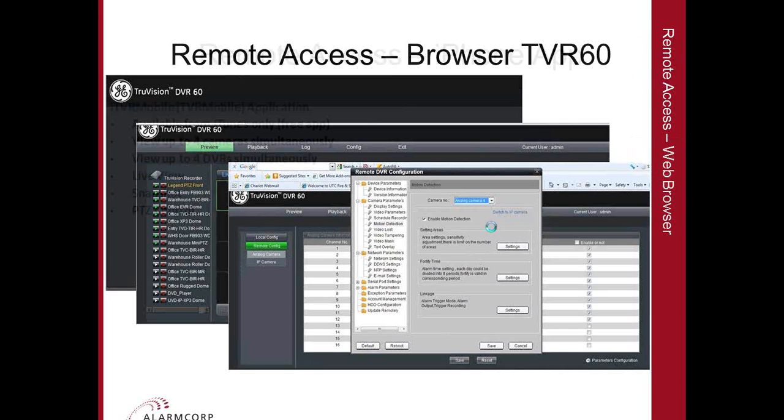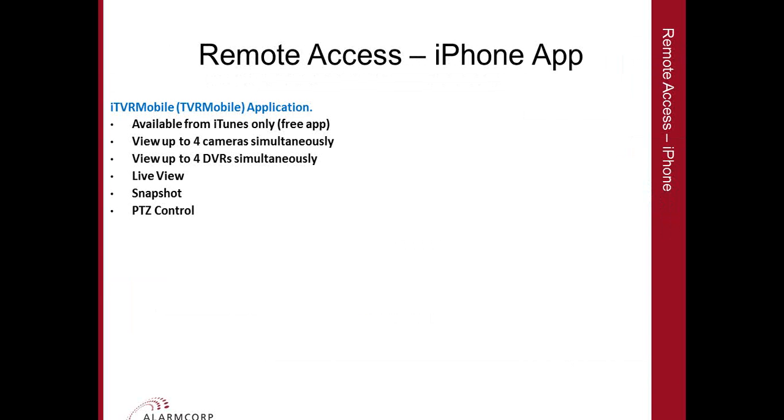Okay, now let's talk a little bit about the iPhone application with regards to access. The application is called iTVR Mobile or TVR Mobile, and you can find it on iTunes. It is only available for download from the iTunes App Store. However, it is a free application.